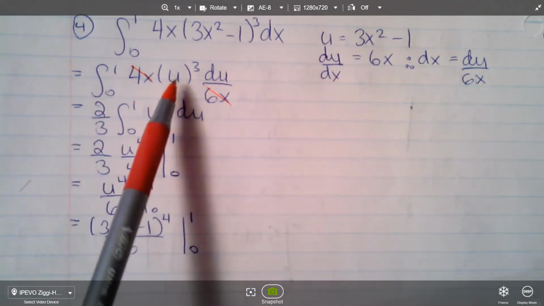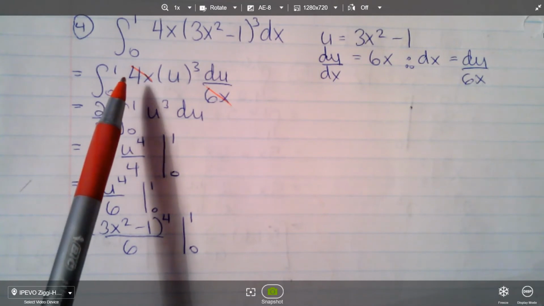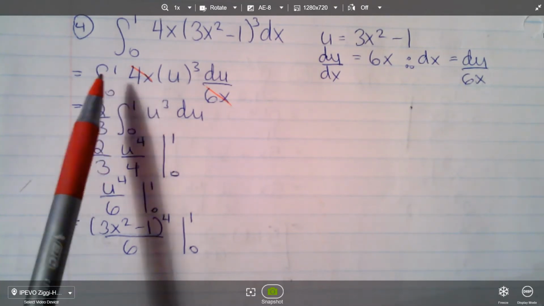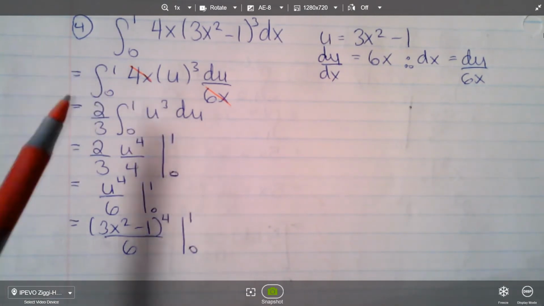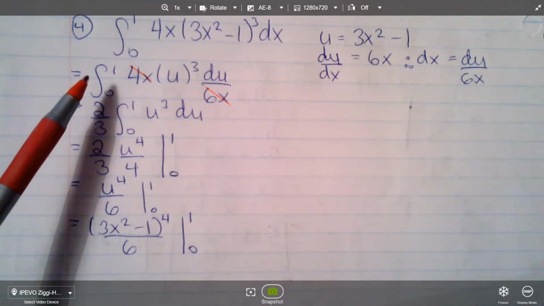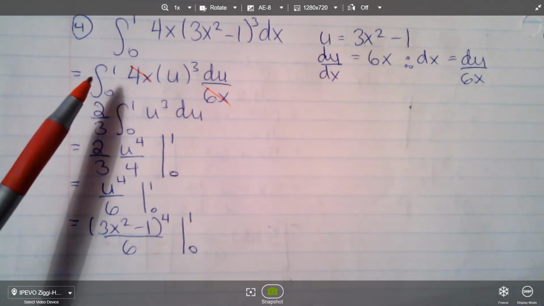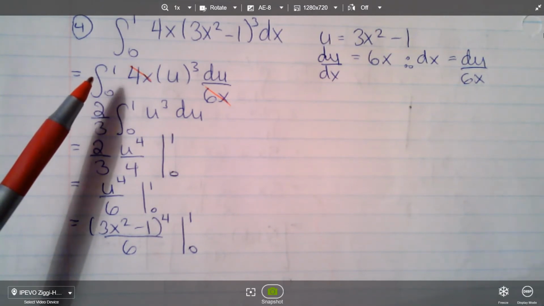So when you put u in here, you're supposed to change these bounds. I don't want to say what I'm doing is wrong. I don't think it's wrong. It's just so much more to remember. It's easy to forget. You're more likely to make mistakes doing that. I just don't feel like it's a necessary thing.